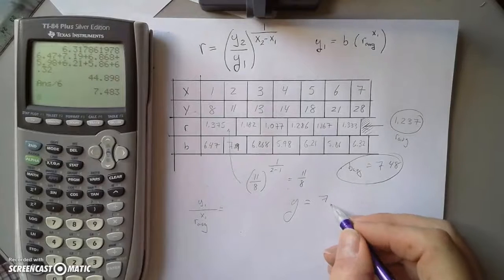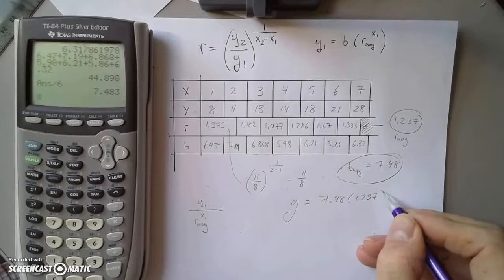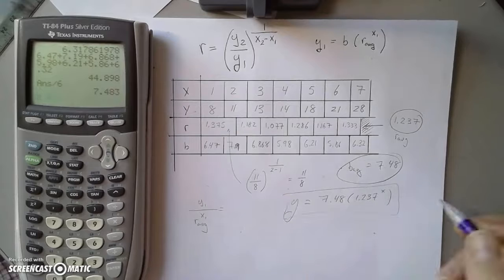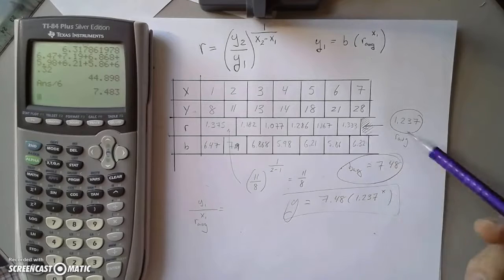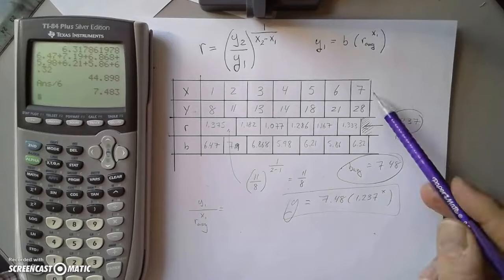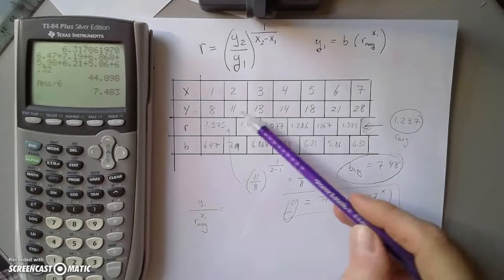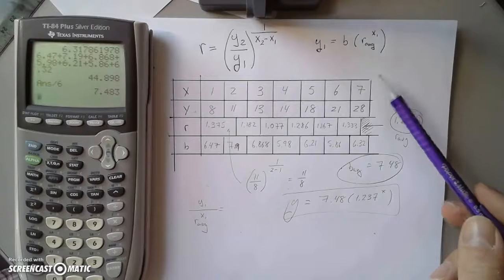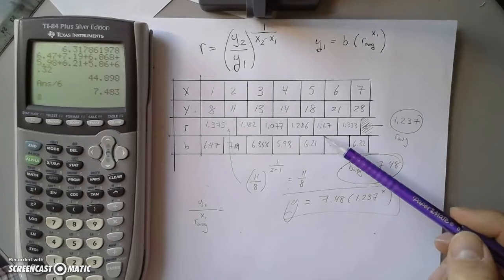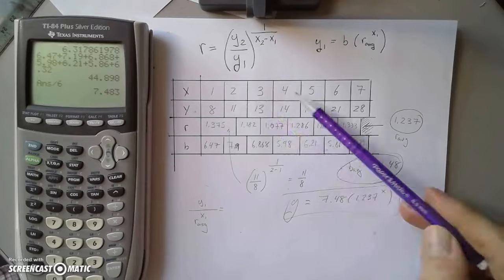Y equals 7.48 times 1.237^x. And even with the time off camera, this is about 5 or 6 minutes. It wouldn't be all that much longer with 10 data points. If you do all these things out individually, though, you could take your extra 5 or 10 minutes, and that's just not an efficient use of time. So practice working more quickly.